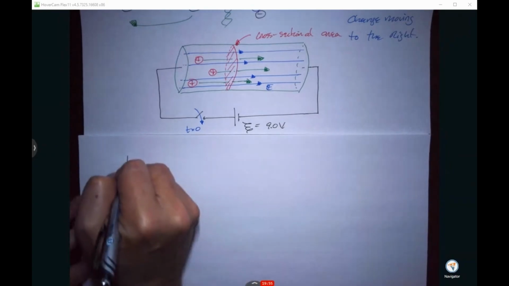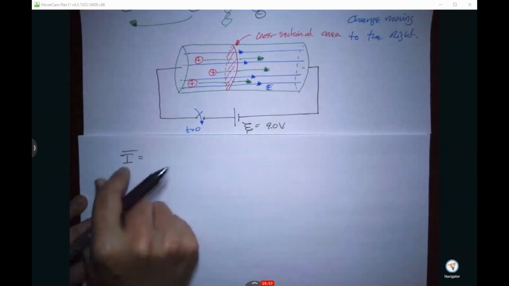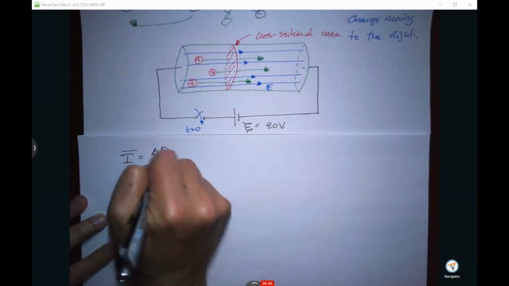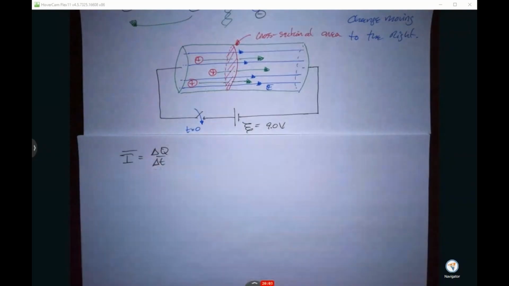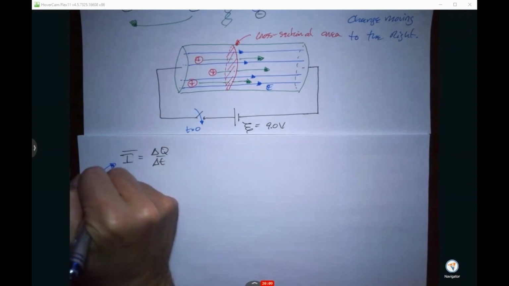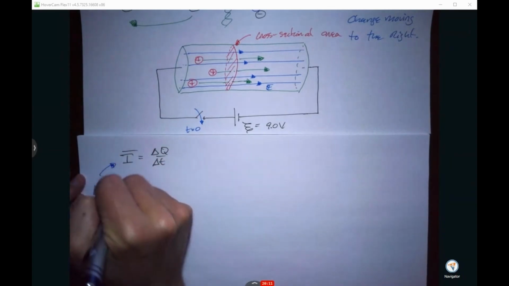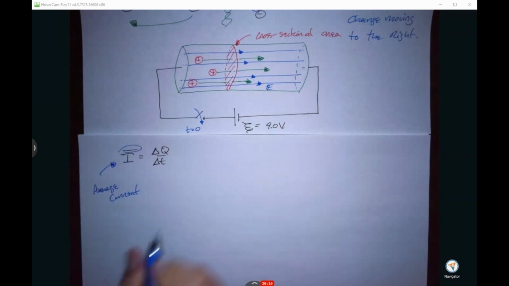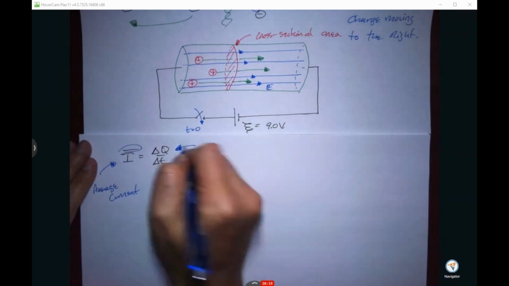And so when we define our current, the average current is the total net charge that went through this area in a given amount of time. You can tell it's the average because of the bar across the top.